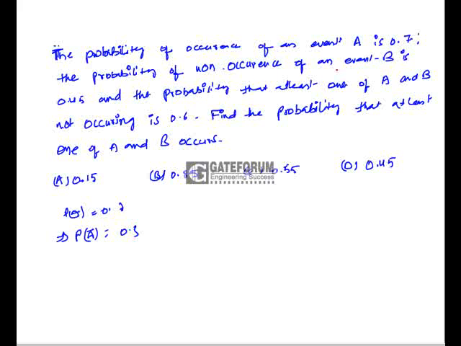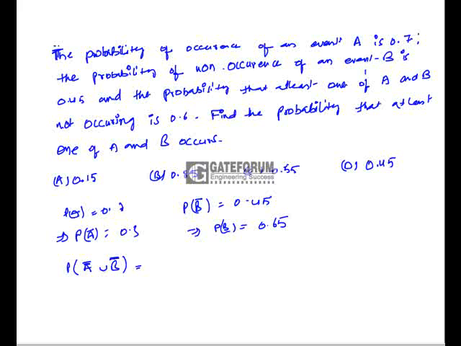The probability of non-occurrence of event B is 0.45, meaning P of B bar is 0.45. This implies P of B is equal to 1 minus 0.45, and the probability that at least one of A and B does not occur is 0.6. At least one of A and B not occurring is nothing but P of A bar union B bar.